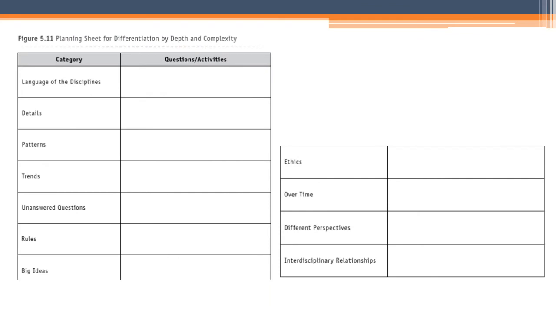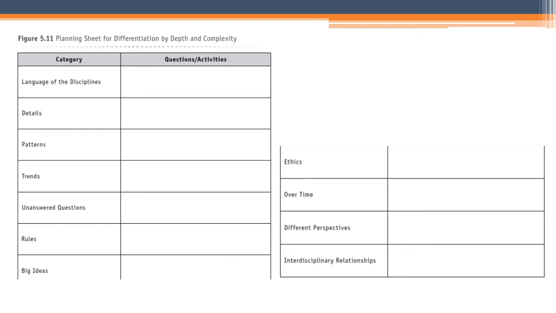Okay, so we have the 8 strategies for bringing students with gifts and talents into greater depth, and 3 strategies to bring students with gifts and talents into complexity in the curriculum. And this one is a sample planning sheet for differentiating questions, okay, leading questions by means of depth and complexity by Kaplan.